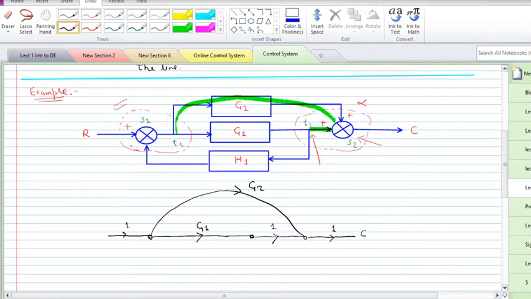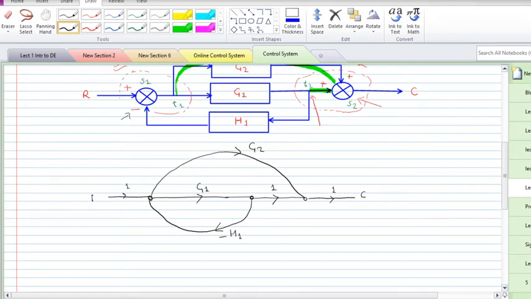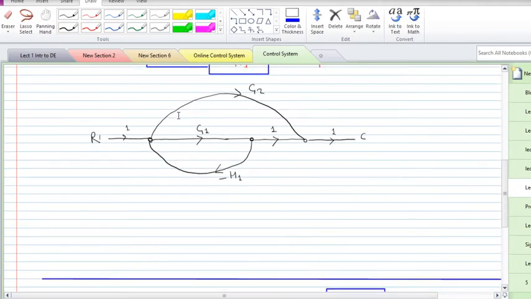Here there is a minus sign, so you have to draw a feedback path with a line starting from the T2 node, which ends on the S1 T1 node, with a transfer function H1. However, you have to take care about this sign. This sign is to be considered and added with the same transmittance. So in this way you can draw the signal flow graph of this question.